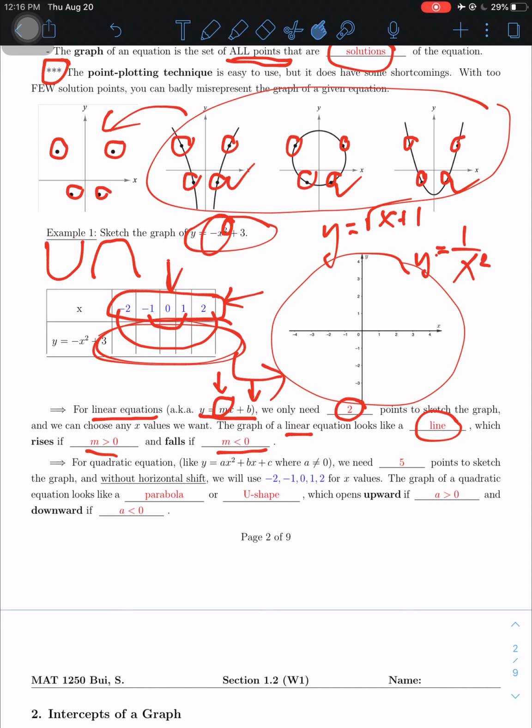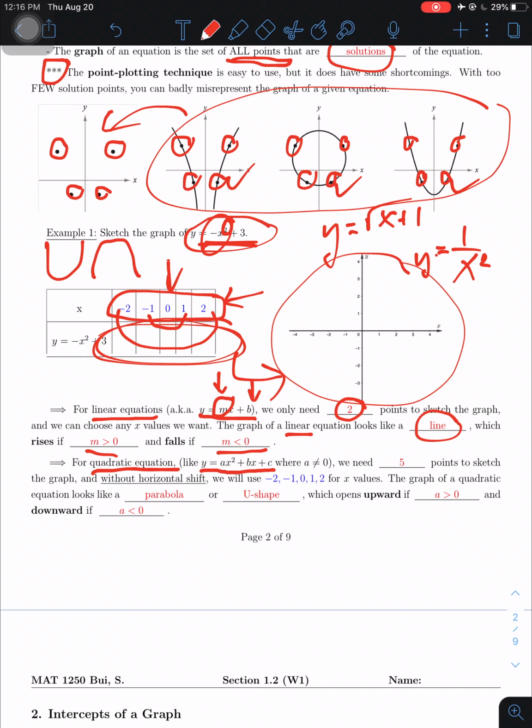Okay, and as for parabola, as for quadratic equations, any equation that has x squared and even x and other numbers, like the example that we did in here, know that in example 1, there's no b, right? Because there's no x.